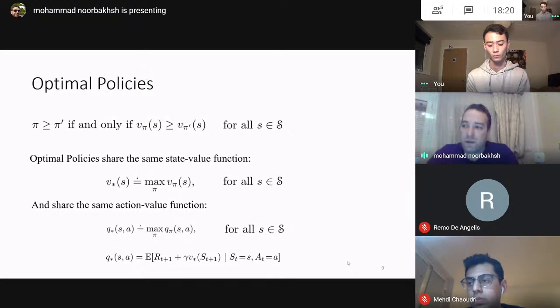Solving a reinforcement learning task means finding an optimal policy, a policy that achieves the maximum reward over the long run. And this is actually the definition of the optimal policy. So the purpose of any reinforcement learning is to find an optimal policy that gives us the maximum reward over the long run.